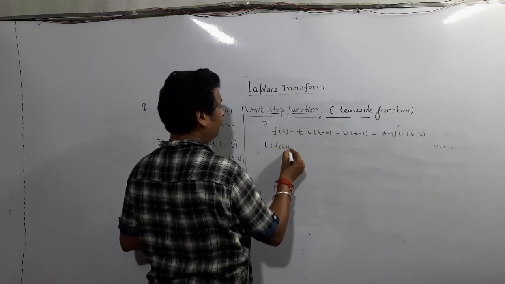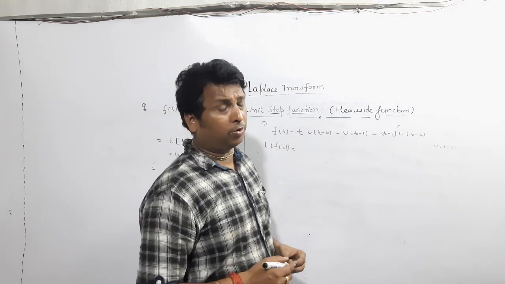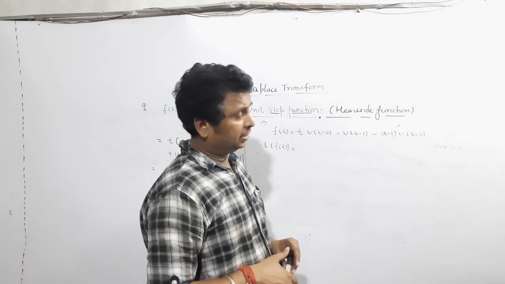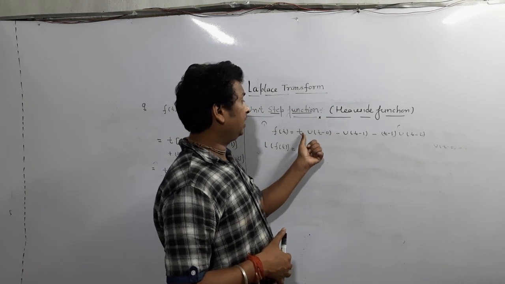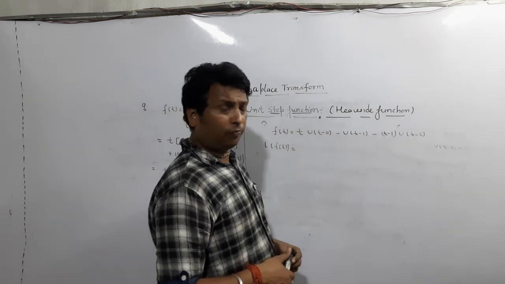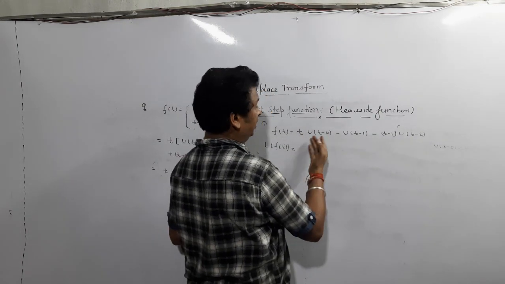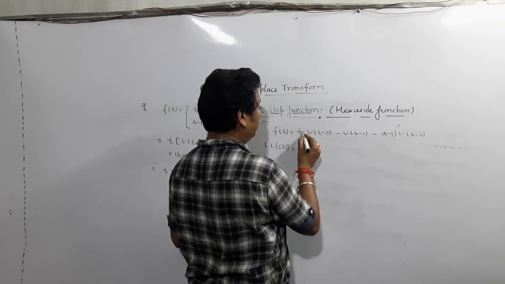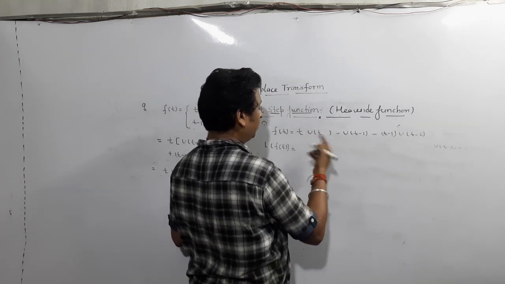So what is the Laplace of f(t)? In this, which formula are we going to use? Which result, first one or second one? For this I think we can use the first one, because here a value is 0, and f(t) is t, with t minus a, a being 0. So use that one.